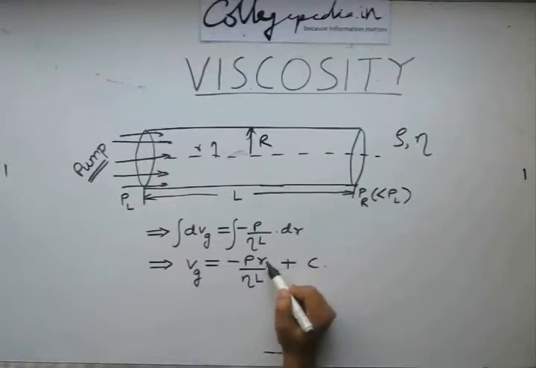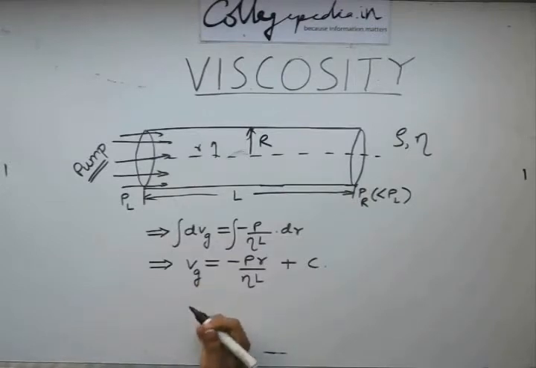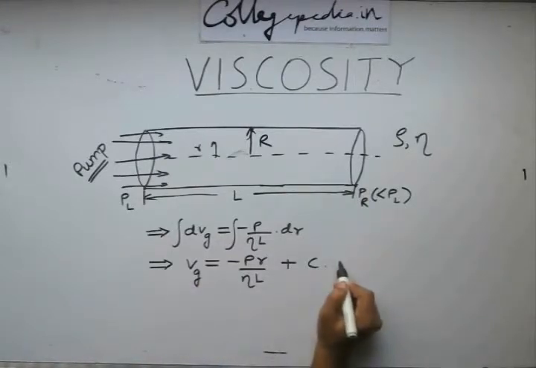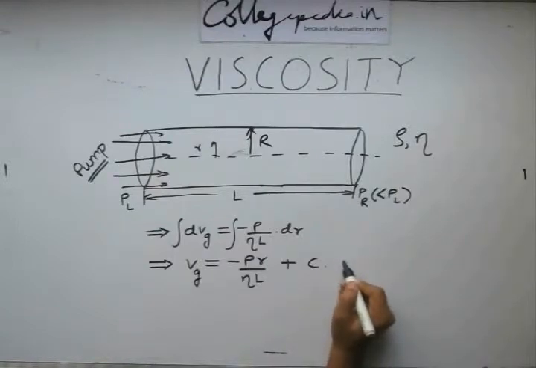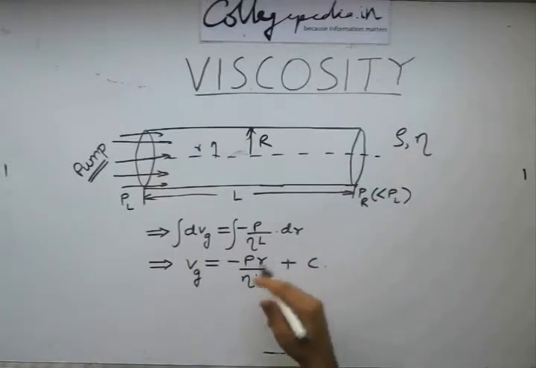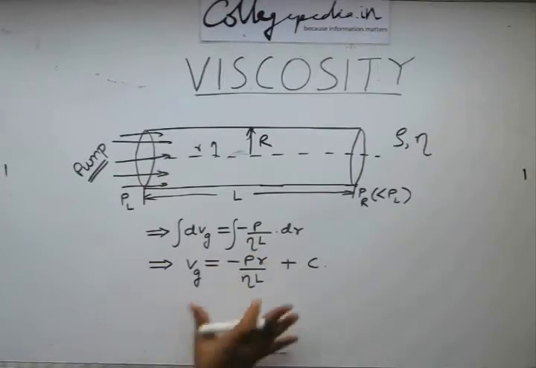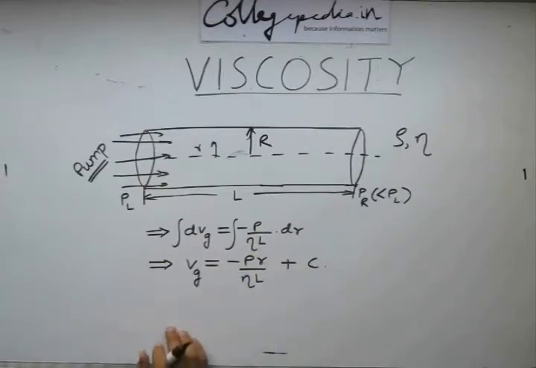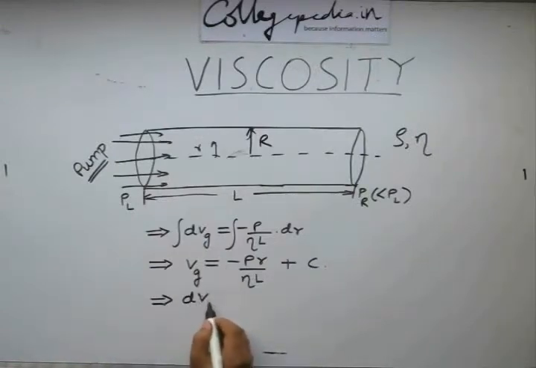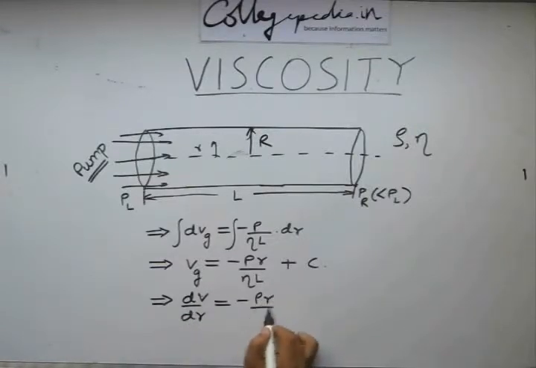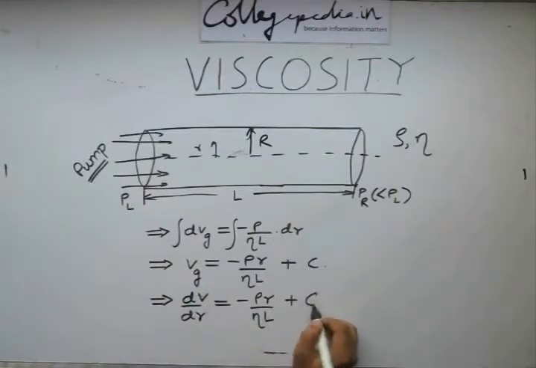So basically at r equal to 0, we will have Vg equal to 0. Or let us proceed in a different way. Say we have Vg equal to this. Let us keep it in this state for the time being and further solve this by considering Vg as this quantity. Let's say this.